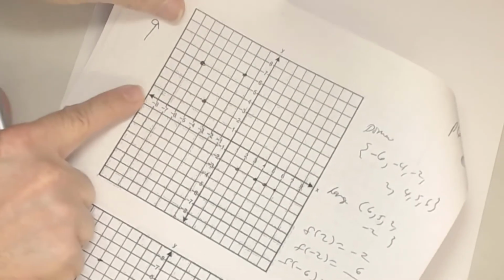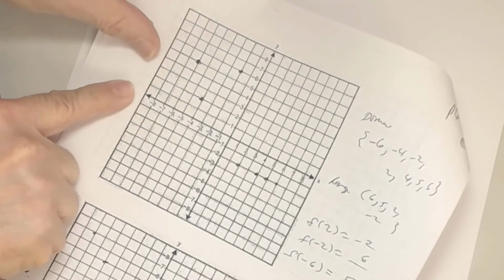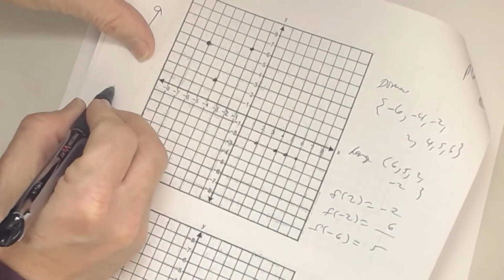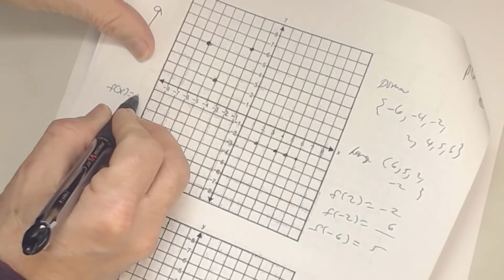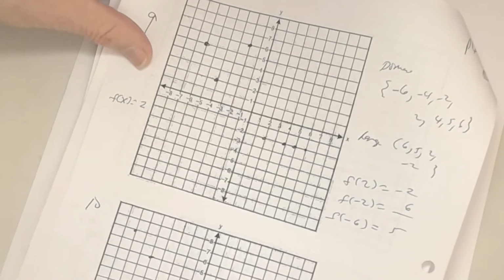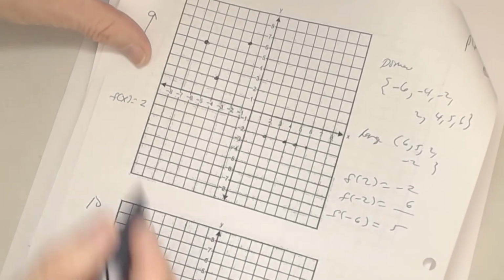Let's see, we have to do one that's a function, though. Number 10 is not a function. Number 9 is. So for number 9, let's say f of x equals 2. Find x.